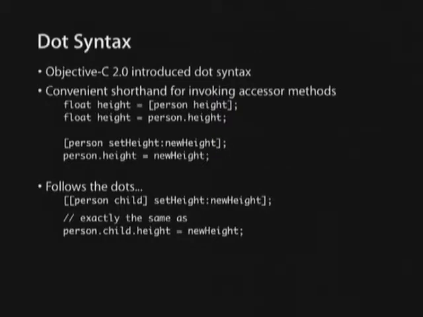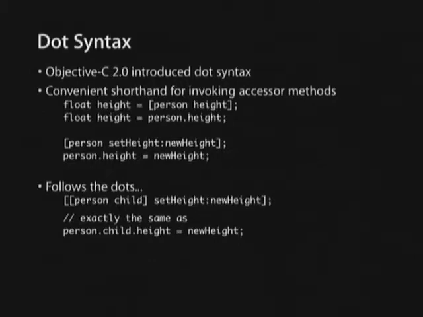Okay. Now, we talked about these different methods using the square brackets. But Objective-C 2, which is what we're all going to be using, gives us a convenience for accessing things without the brackets. For the getters and setters that I was describing earlier, you can actually get to the variables using dot syntax. You're not getting to the memory directly, but what the compiler does under the hood is it takes something like person.height and translates it into the brackets that you would normally write in the Objective-C 1.0 world, and then calls that method.